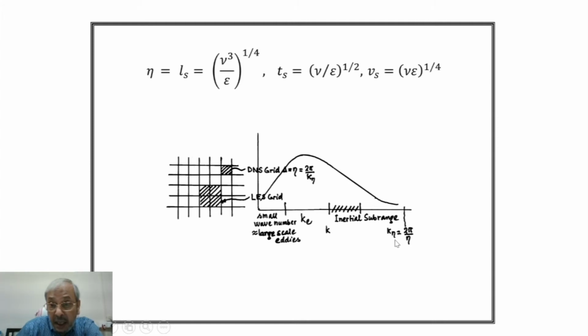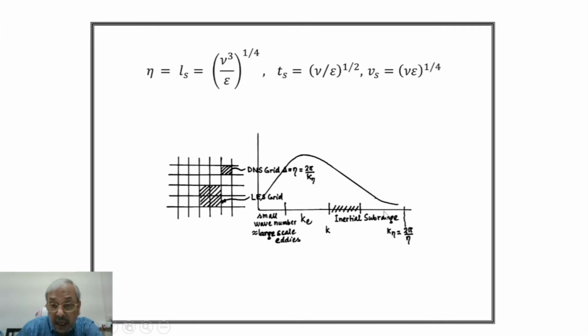The grid is larger than the smallest scale, but smaller than the energy containing scales.